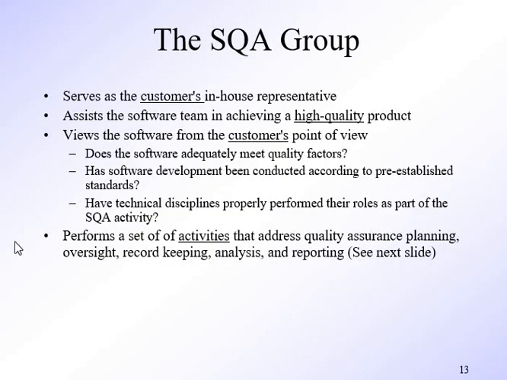Now, the software quality assurance group serves as the customer's in-house representative, assists the software team in achieving a high quality product, views the software from the customer's point of view, and performs a set of activities. In bigger projects and bigger companies, the SQA group has some people from the customer side, who help the development team so that the software is a quality product.